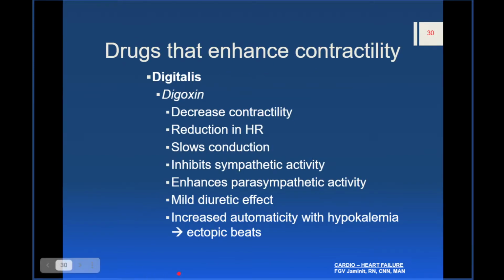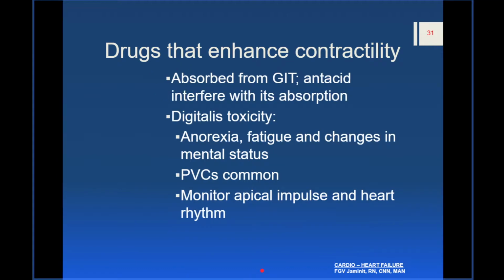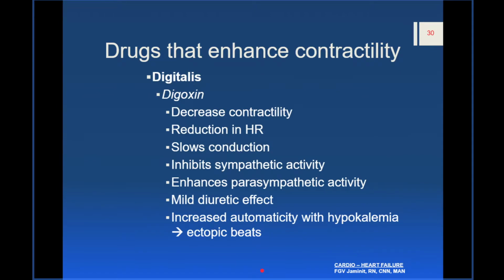Another drug that we can administer is your digitalis, okay, or digoxin. It's actually a drug that enhances cardiac contractility. Remember from the example earlier, an inotropic drug that can increase cardiac contraction. Okay, this is one form, your digitalis.